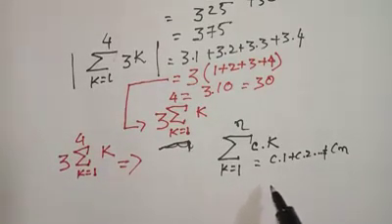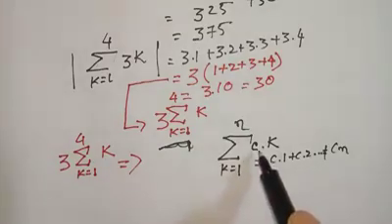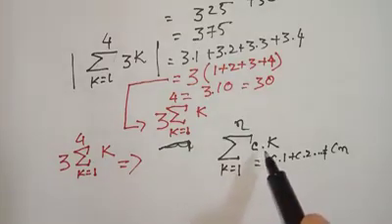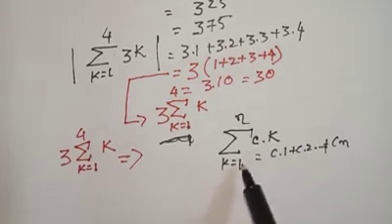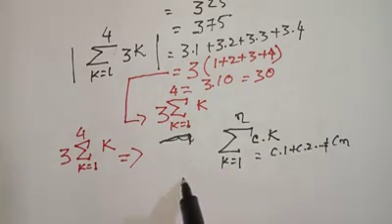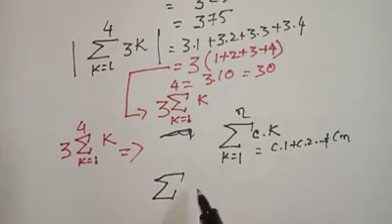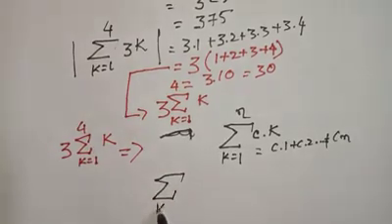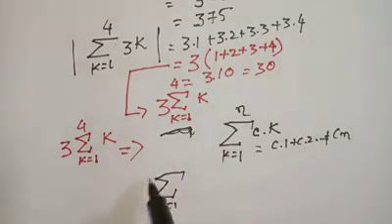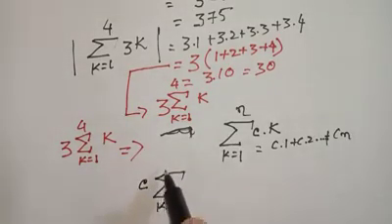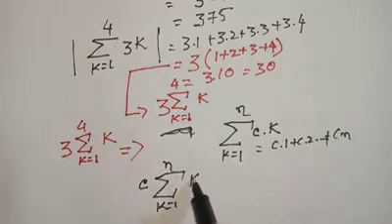So if you get a sigma of c times a variable k, where c is a constant, then we can use a much more generalized way of writing: k equals 1 up to n, and we take this c outside, and we put it times k.